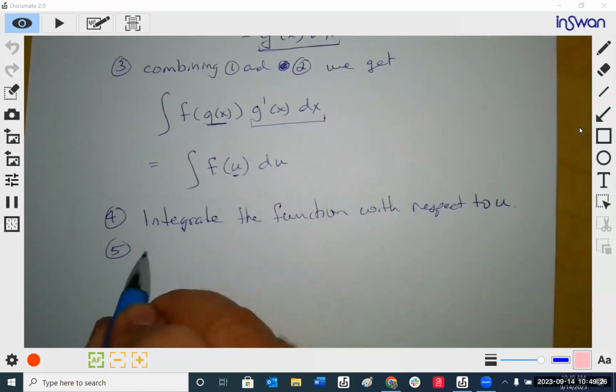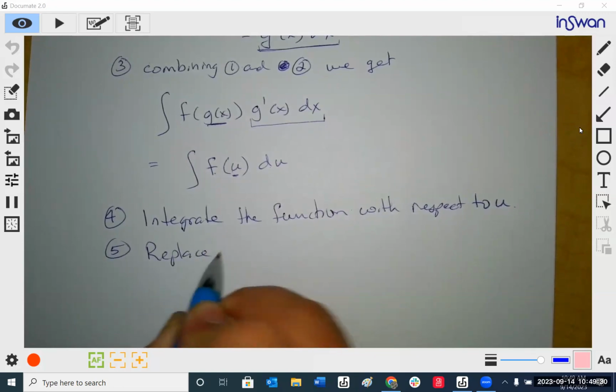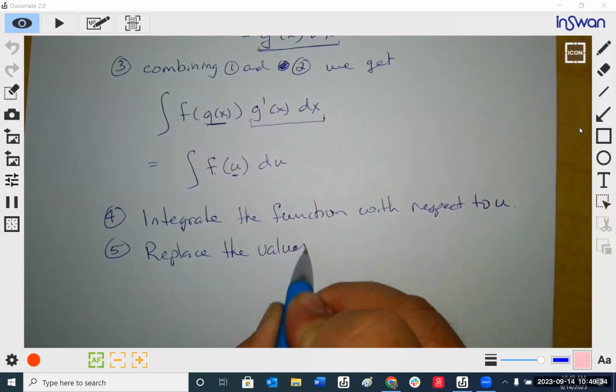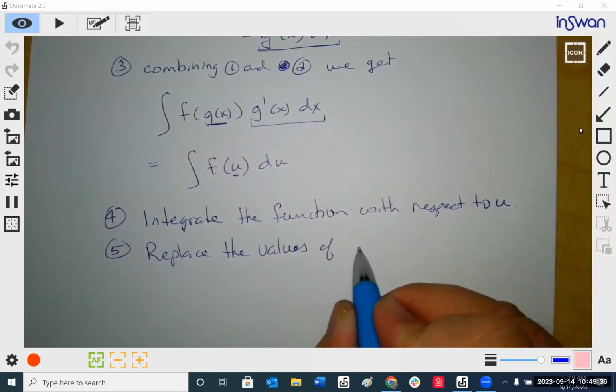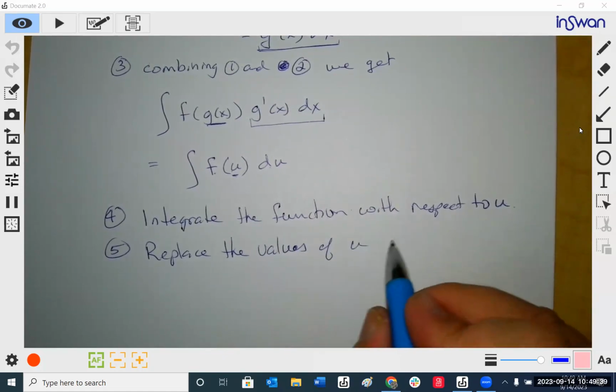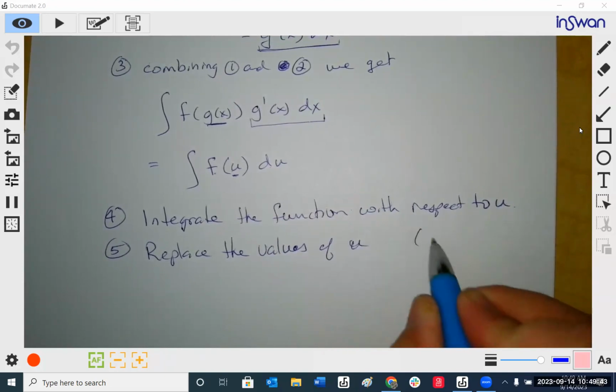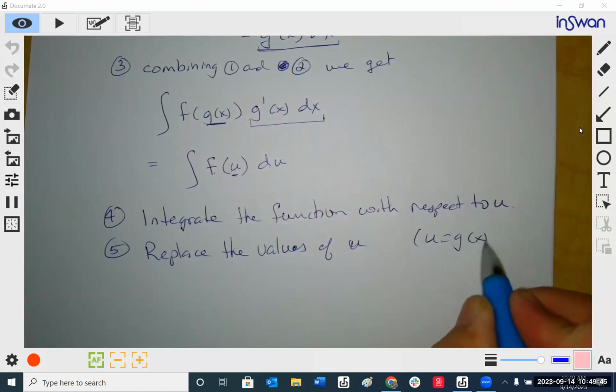Then the last step is replace the values of u, where u equals g of x.